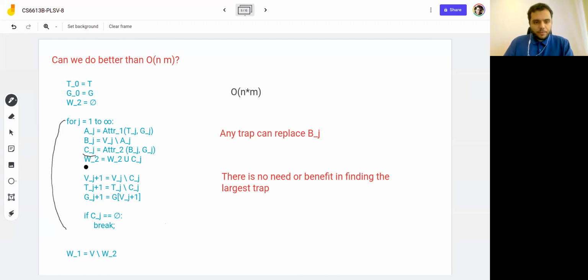If you look at how we are computing these sets, originally we are first computing an attractor, and then we are getting the complement of that attractor. And this complement, Bj, this is a trap, right? But it's not just any trap, it's actually the largest possible trap.